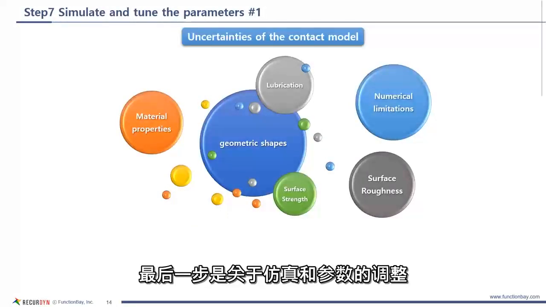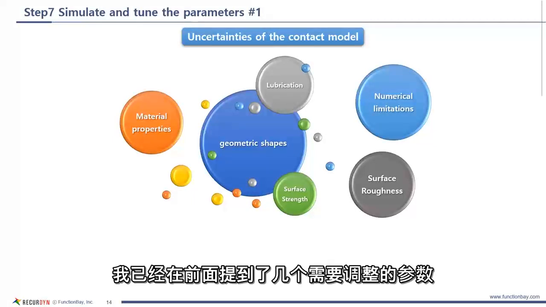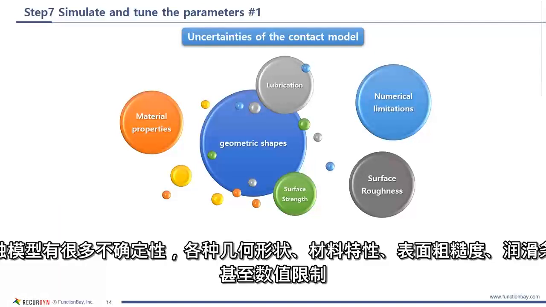The last step is about simulation and parameter tuning. I already mentioned several parameters require tuning in the previous pages. Contact model has many uncertainties: various geometric shapes, material properties, surface roughness, lubrication condition, and even numerical limitations.